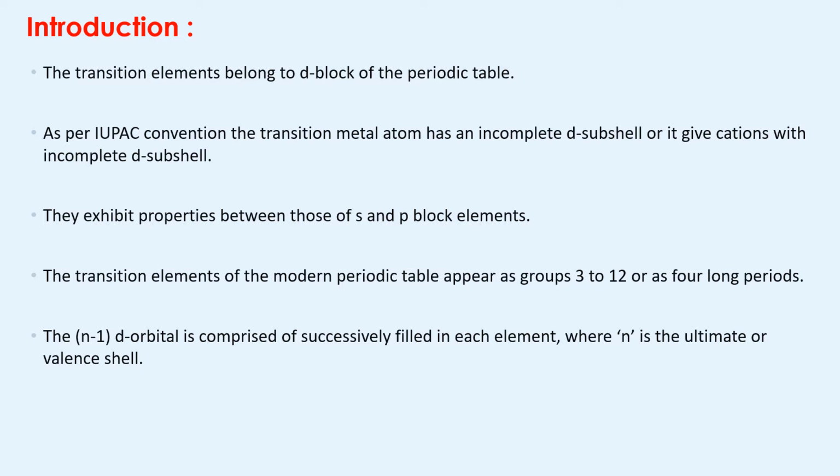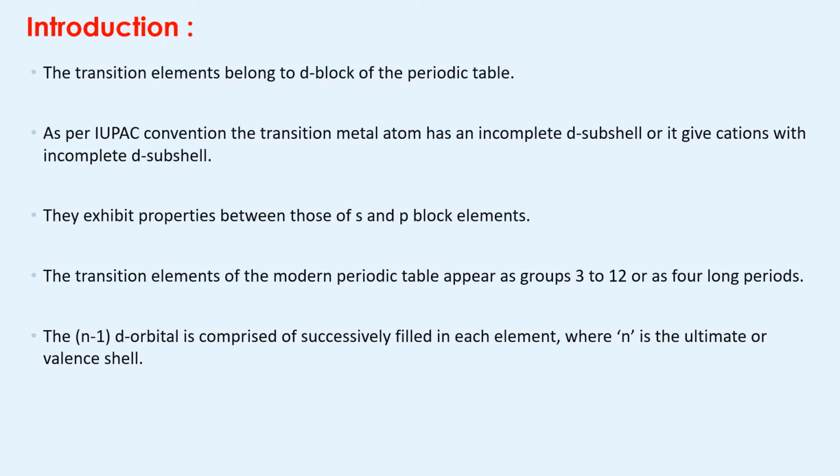Next is our 4d series. 4d series means they are placed in the 5th period. The series starts from yttrium, atomic number 39, to cadmium, atomic number 48. This is our second series, the 4d series.